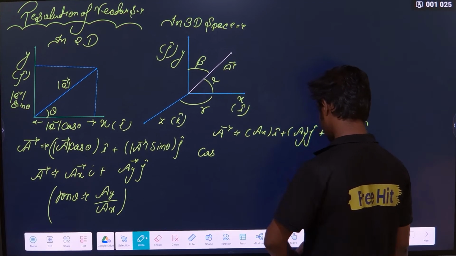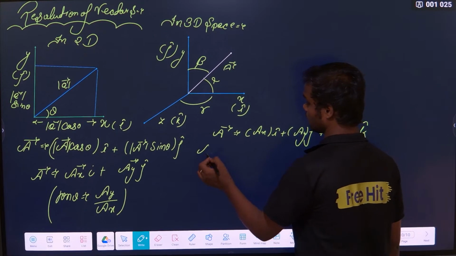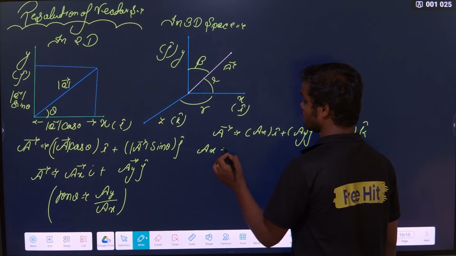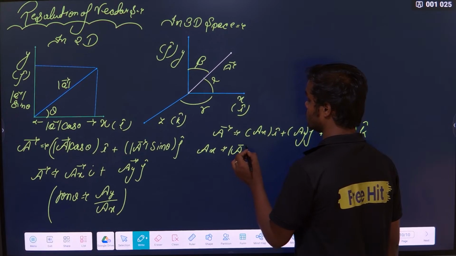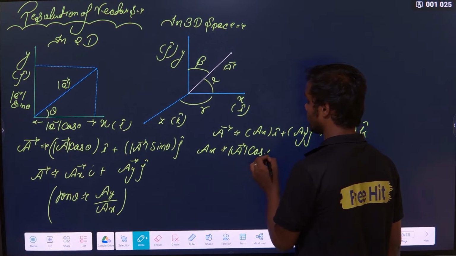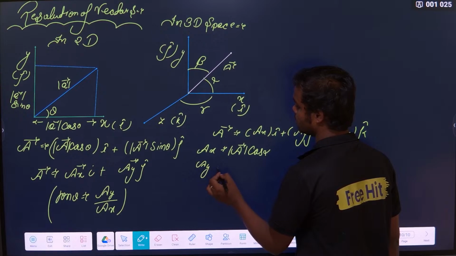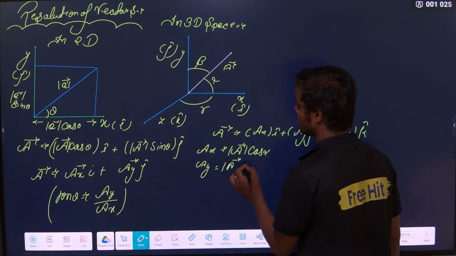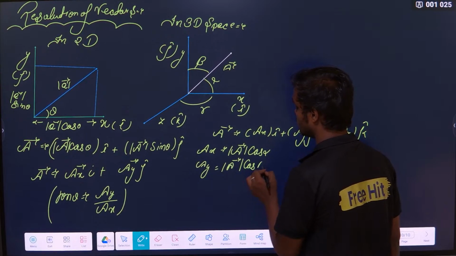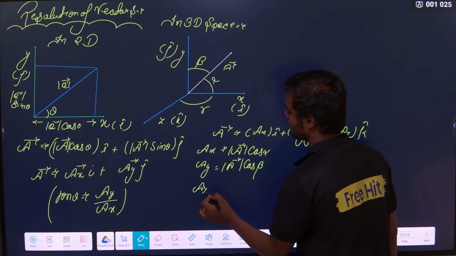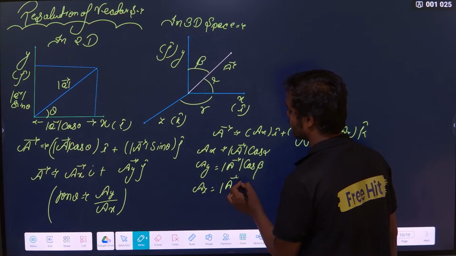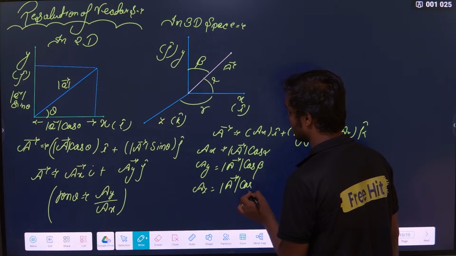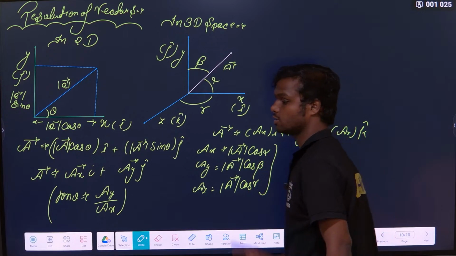That is what is ax, what is ay, what is az. That is given directly as ax is equal to mod of A vector into cos alpha. Similarly, ay is equal to mod of A vector into cos beta, and az is equal to mod of A vector into cos gamma, and these are called direction cosines.